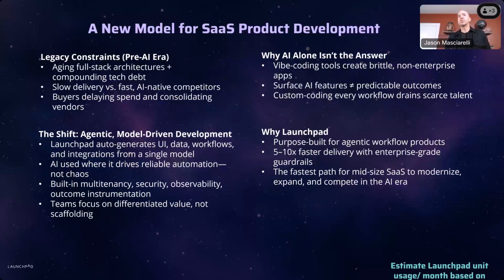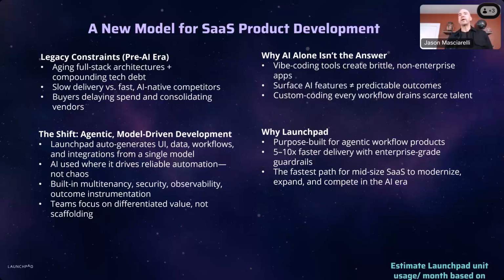Often, at the beginning of this year, companies were like, okay, great, we're going to jump into vibe coding, AI-based development. But I think a lot of folks are starting to realize that some of those tools create brittle applications after the excitement of getting started. It starts to get hard to build them into true enterprise applications.